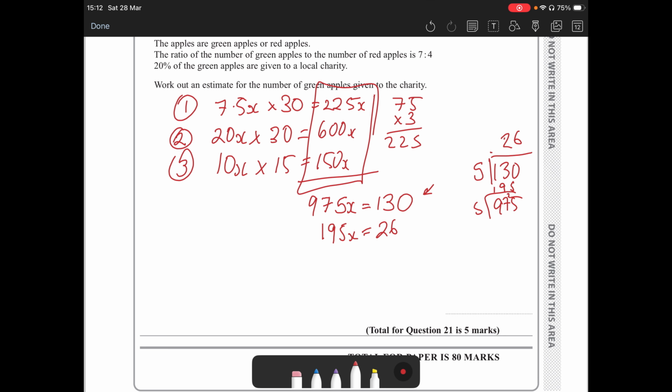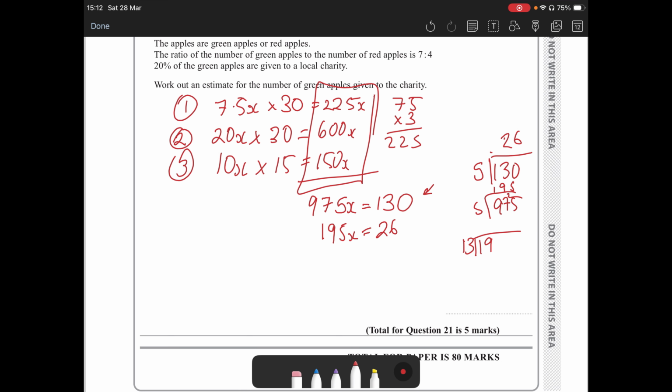Now, 195. What number's going into 195? I think I made a mistake earlier, but I think we can divide by 13, both sides.